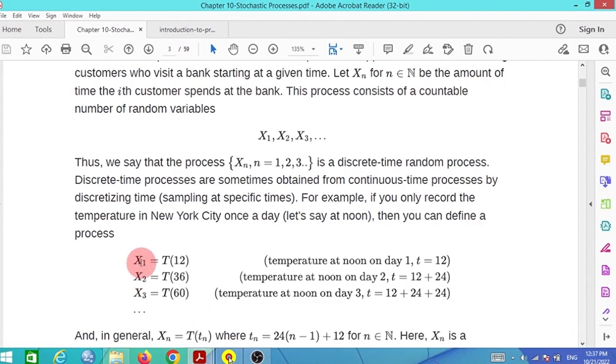So x1, x2, x3, and so on is a discrete time random process. Okay, by this means we can change a continuous time random process to a discrete time random process.